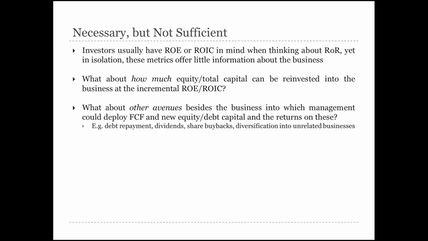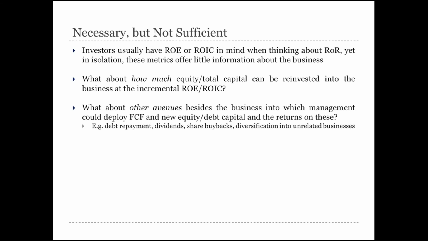Now, I touched on this at first, but investors usually think about ROE or ROIC, incremental ROE or ROIC if we want to be more technical, when they are talking about rate of return. Yet in isolation, these metrics don't offer you that much information about the business, or at least they're lacking.